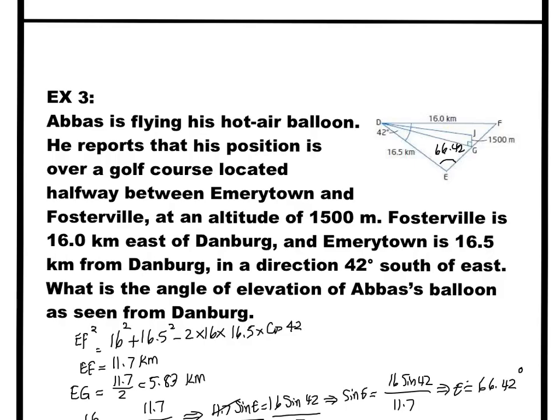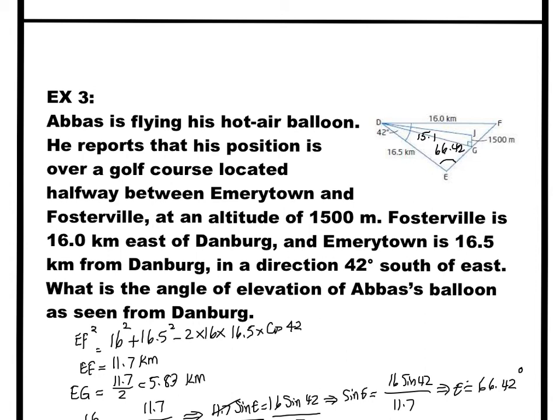Now DG is 15.1 kilometers. We are going to look at the triangle DGJ. I know that DG is 15.1 kilometers. I know that GJ is 1.5 kilometers or 1500 meters.